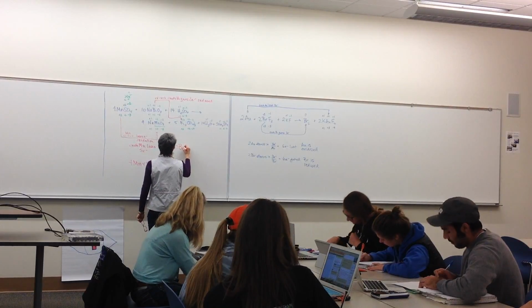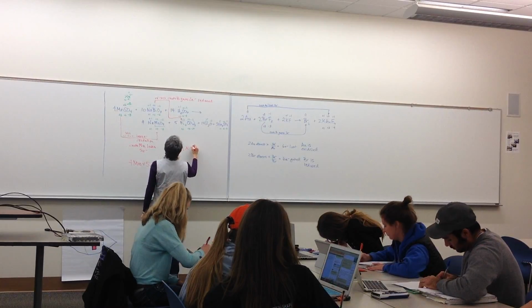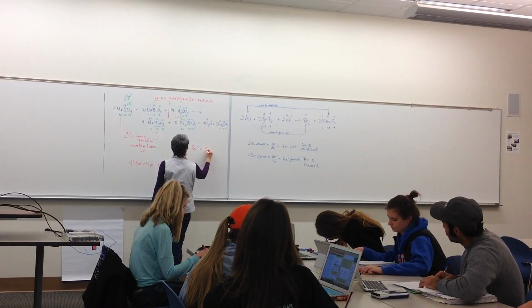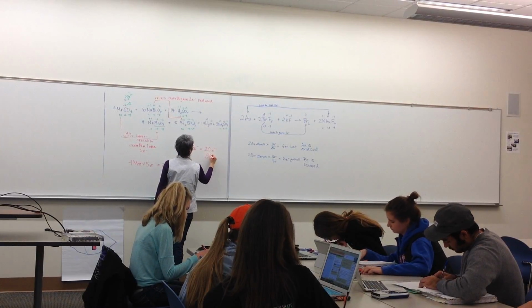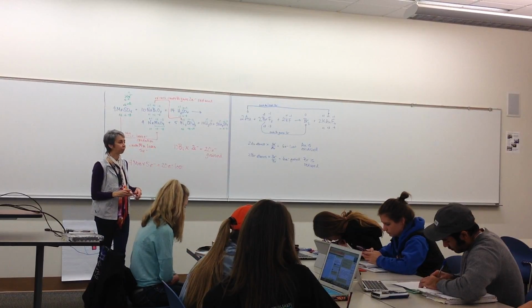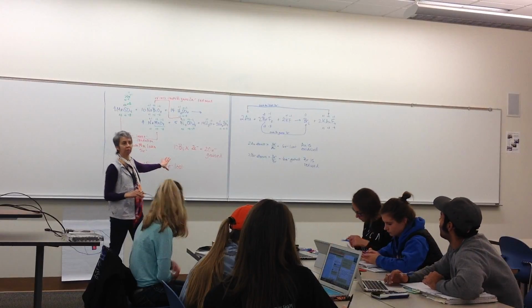So we've got 10 bismuth times, what did we say, 2 electrons per bismuth, so that's going to be 20 electrons gained. Questions about that?